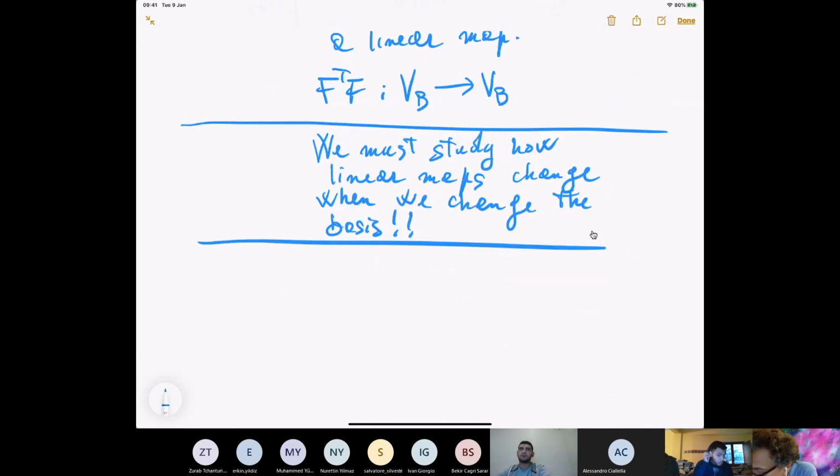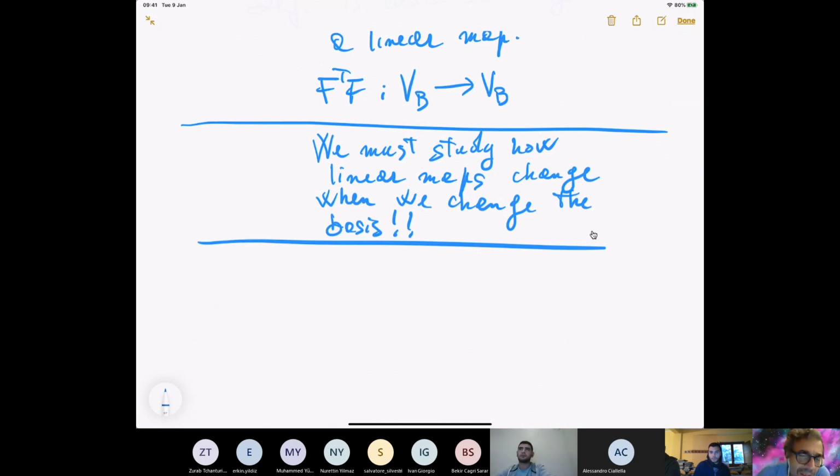So we have now a strong motivation for continuing our reasoning. Up to now, we understood how vectors are changing. And we also understood that there are, in reality, two kinds of vectors.